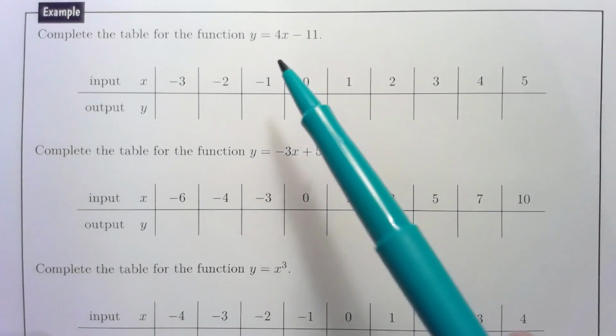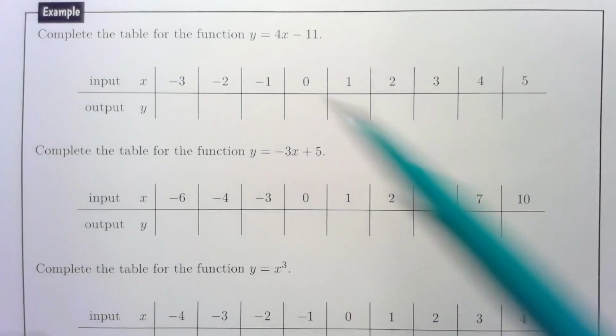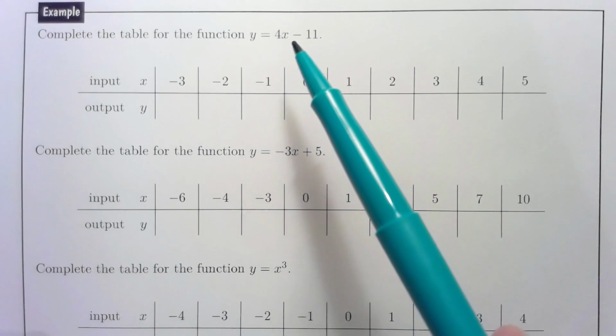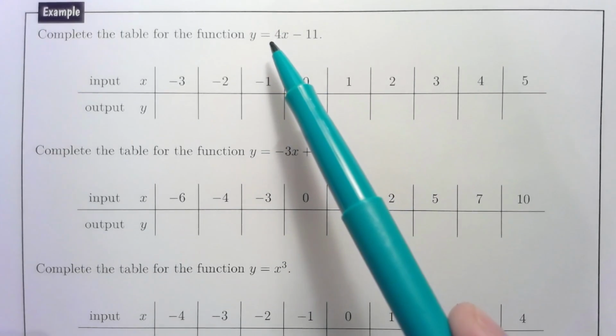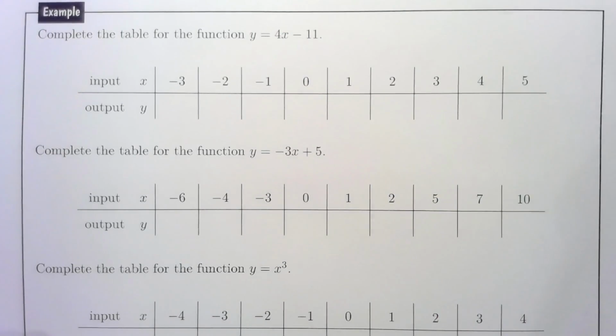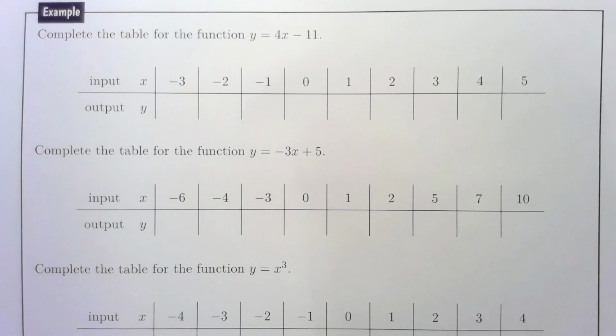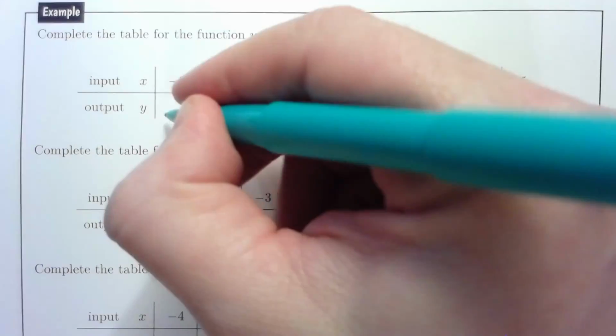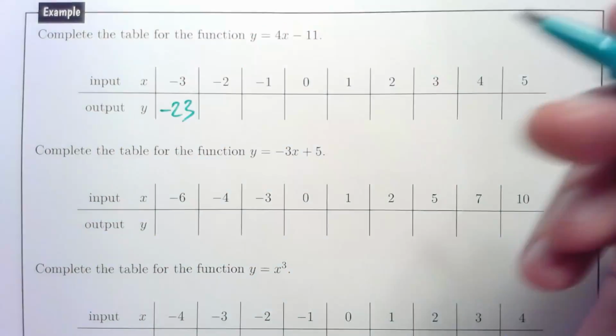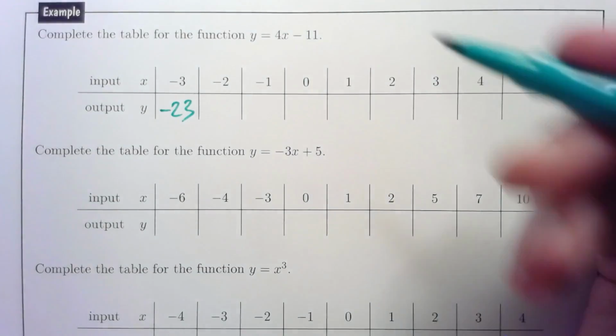So the function here is y equals 4x take 11. So that means we're going to take our input, multiply it by 4, and then subtract 11 to get our output. So 4 times negative 3 would be negative 12. And take 11 is negative 23. 4 times negative 2 would be negative 8.